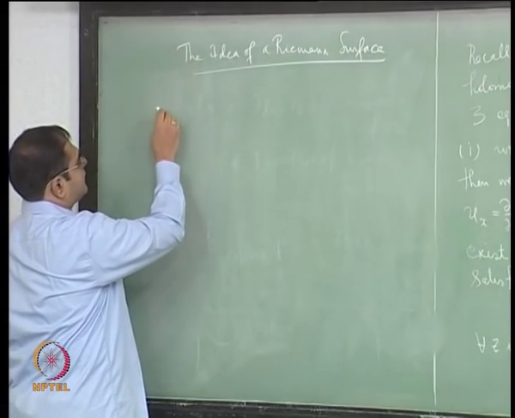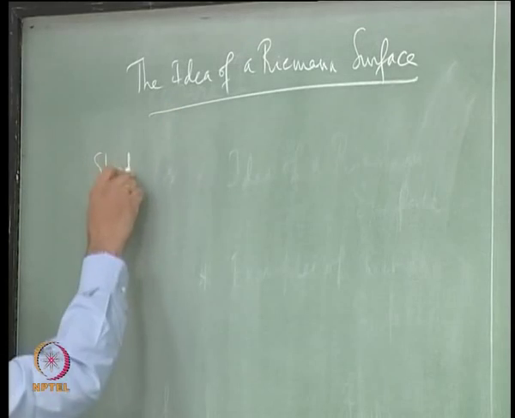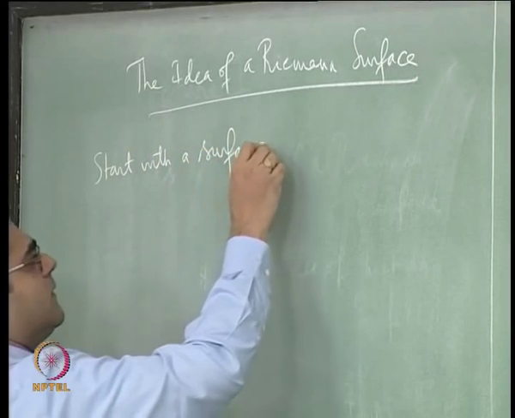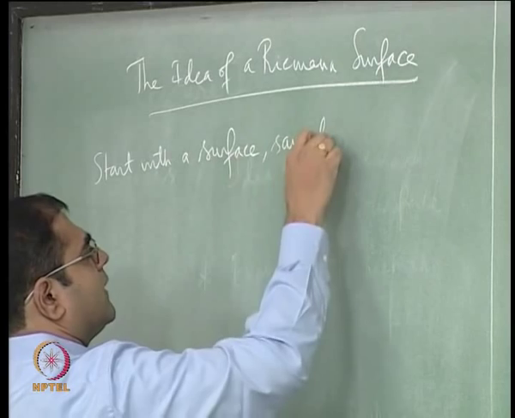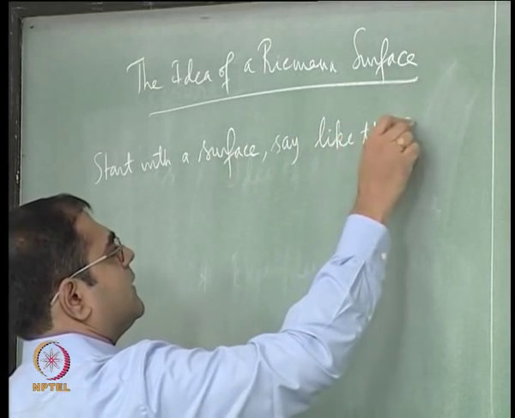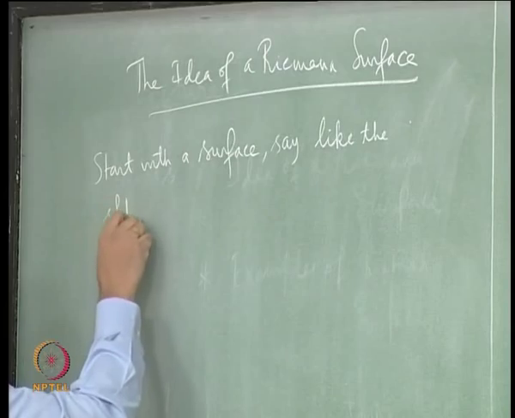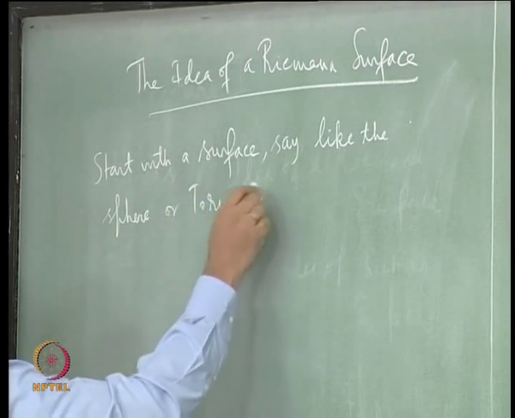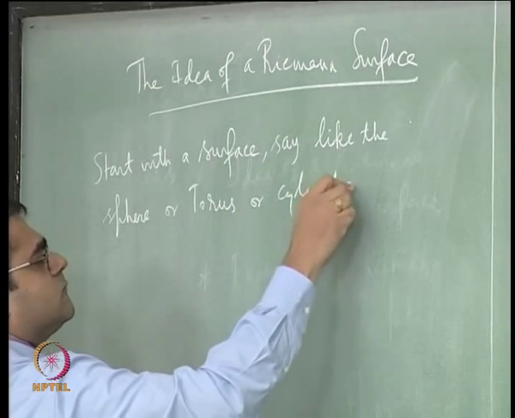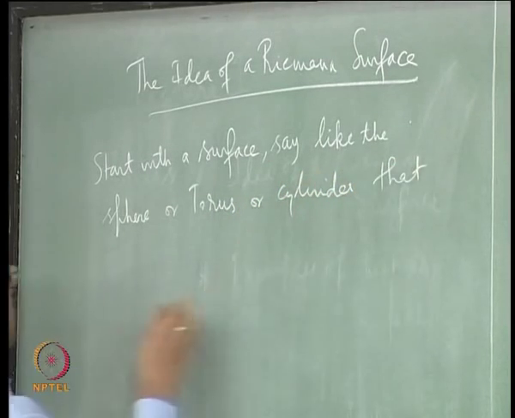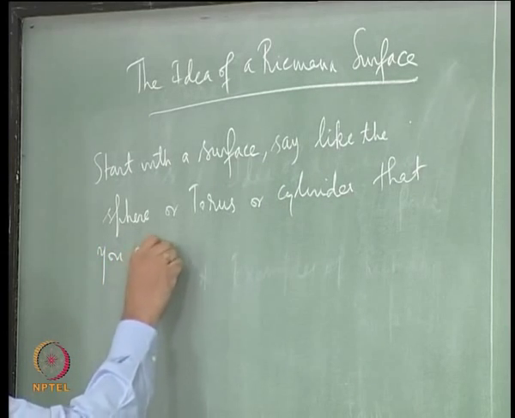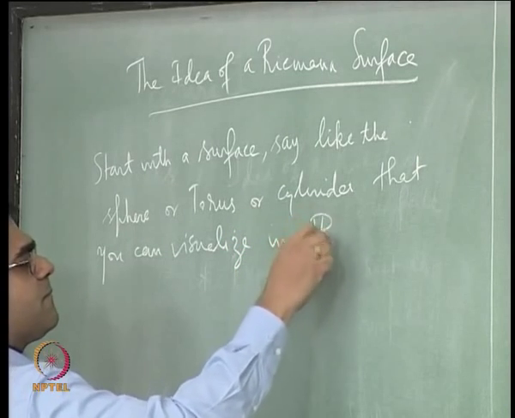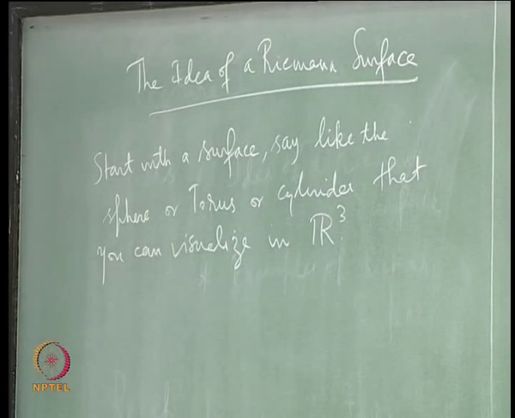So we start with the surface, say like the sphere, or torus or cylinder that you can visualize in 3 space, okay. We start with the surface, okay.